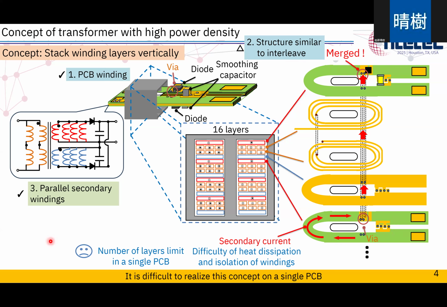And furthermore, there are several problems. And the first is there's a limit on the number of layers in a single PCB, and it is difficult to handle heat dissipation and isolation of windings. So it is difficult to realize this concept on a single PCB.